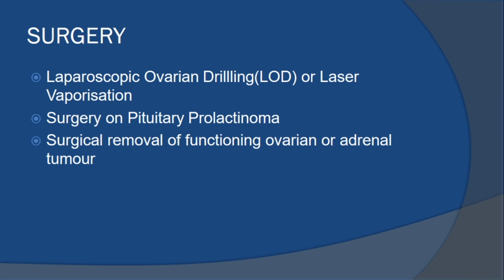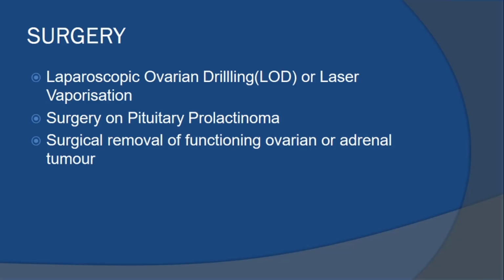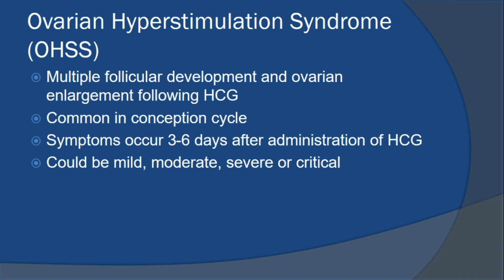Macroadenomas are those that are big enough, causing excessive production of prolactin in the system. Surgical removal of functional ovarian or adrenal tumor is also indicated in cases where this is detected as the cause of the problem in the woman.